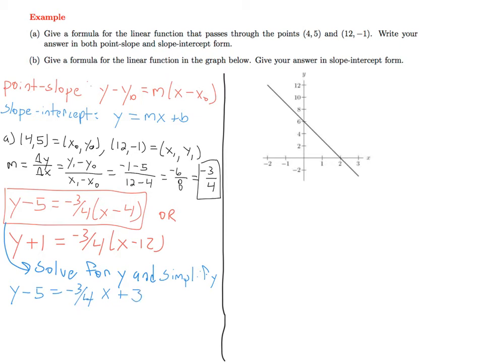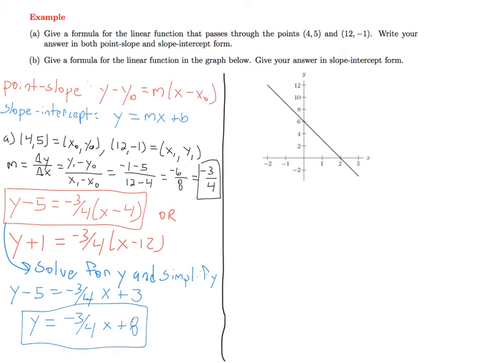Okay, and so when I multiply -3/4 times -4, these 4's cancel. The negatives give me a positive 3. And now I solve for y by adding 5 to both sides. So this would give me y is equal to -3/4 x plus 8 after adding 5 to both sides.